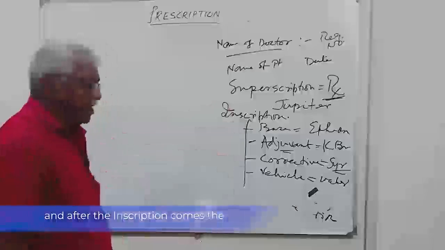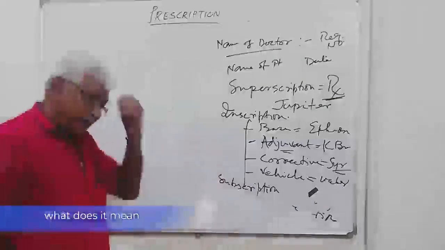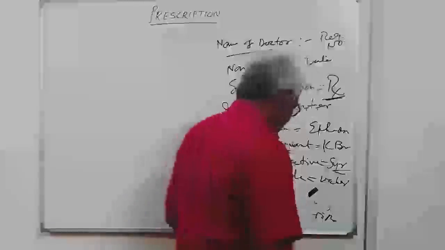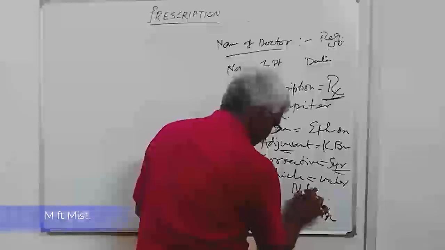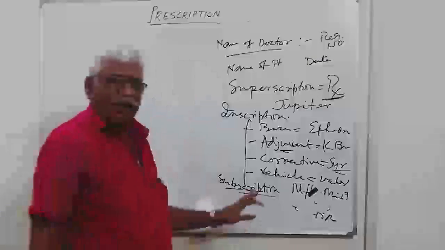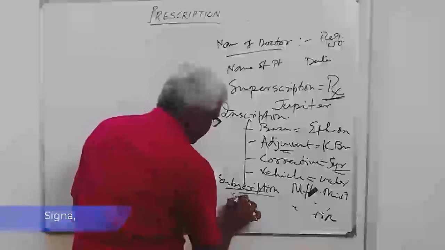And after the inscription comes the subscription. What does it mean? Subscription is the instruction to the pharmacist, M.F. mist, that means make a mixture. That is an instruction to the pharmacist, and then comes the Signa.